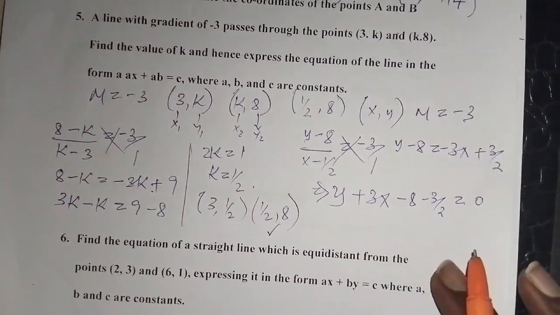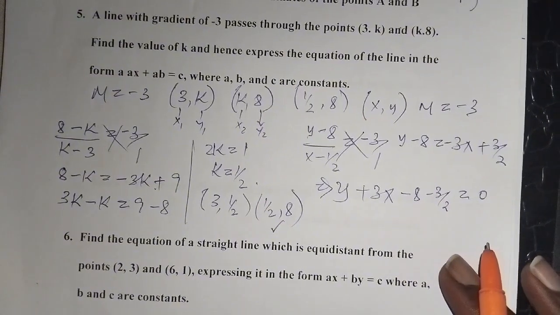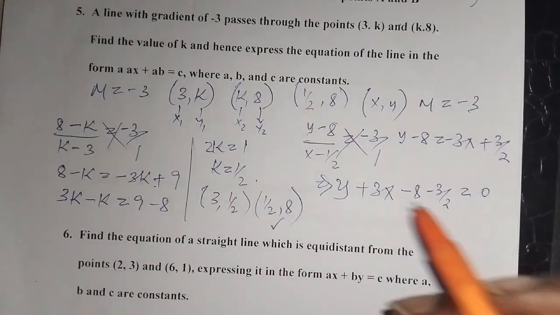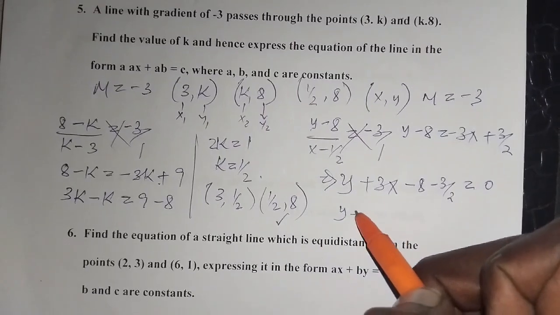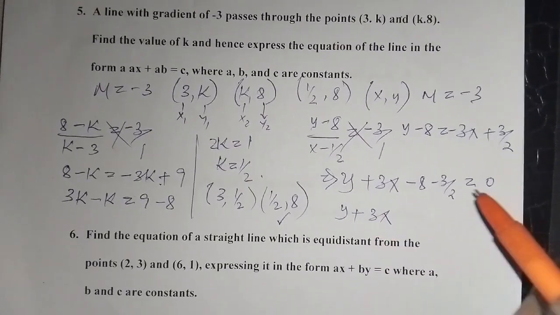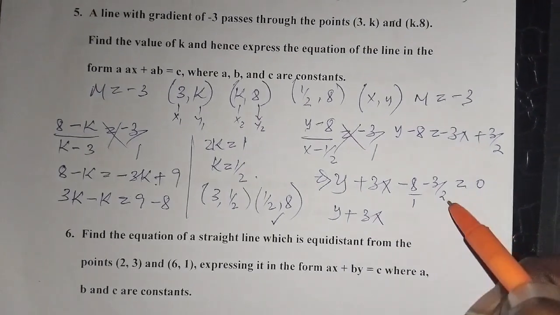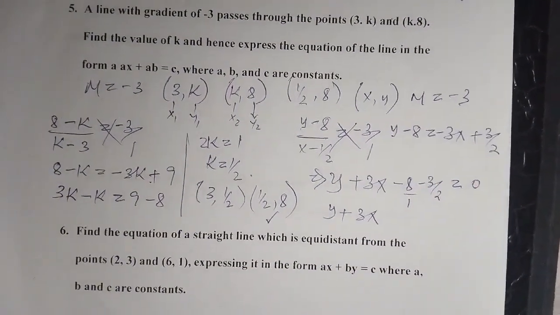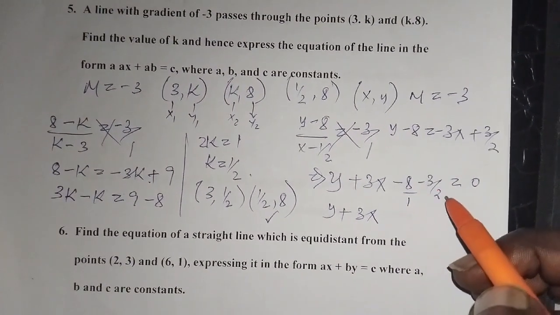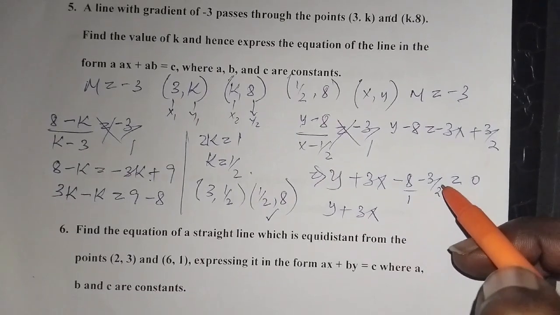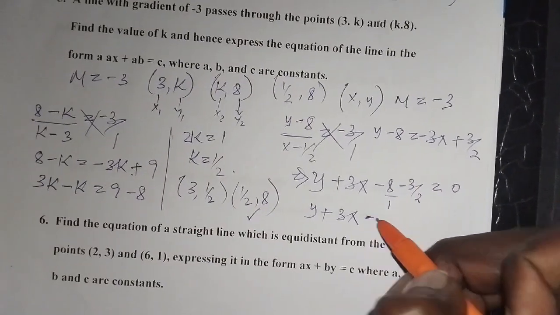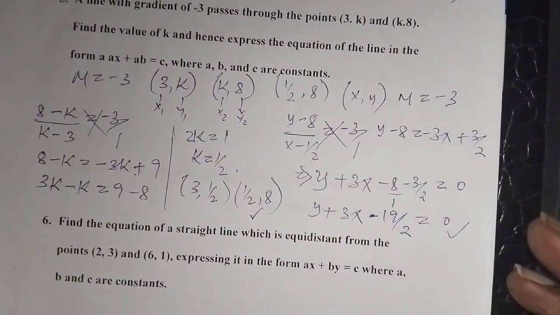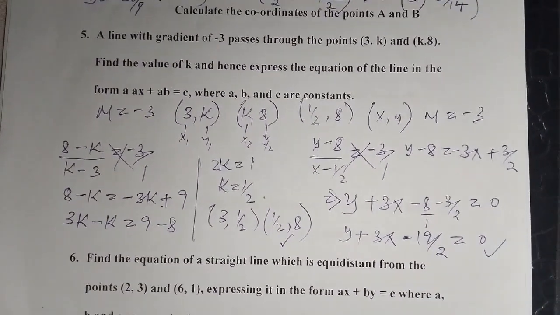So reaching here, now we can rearrange. So you shall have y plus 3x, you have negative 8 minus 3 over 2. You shall get, this will be negative 16, you shall get minus 19 over 2 equals to 0 in that form.